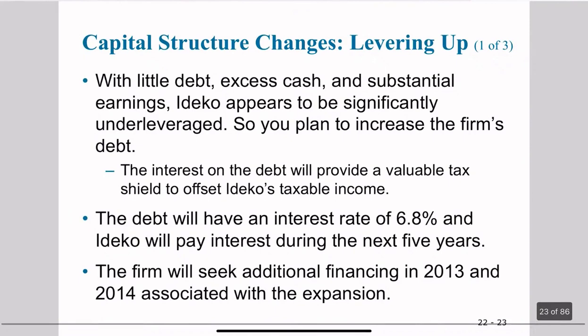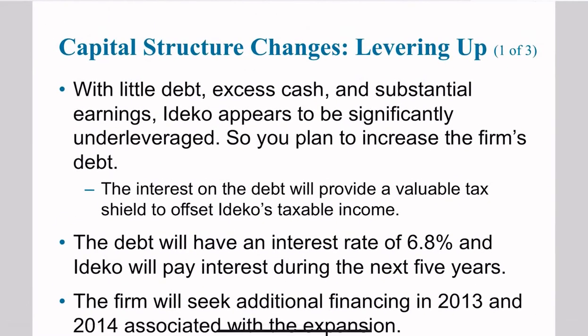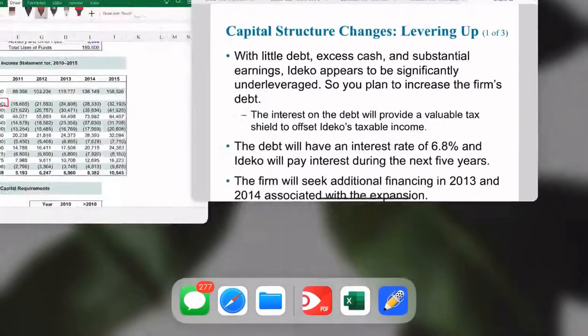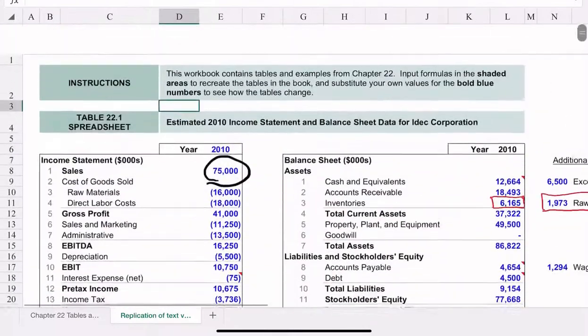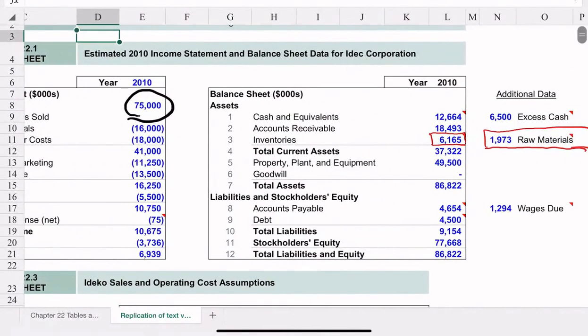And the third kind of improvement you can make is about the firm's capital structure. So if you look at the firm's balance sheet, what you can observe is the firm has very little debt, right? So you can see that the firm's debt is only $4.5 million.